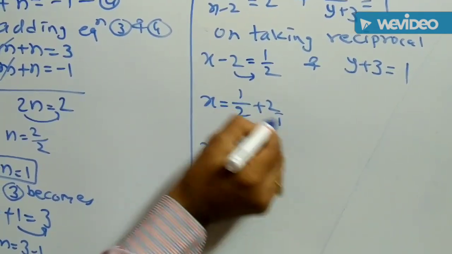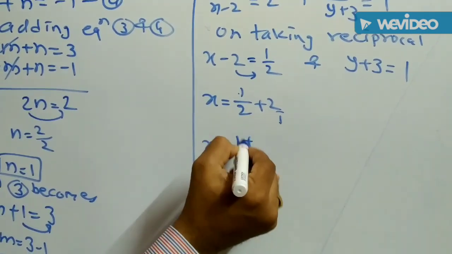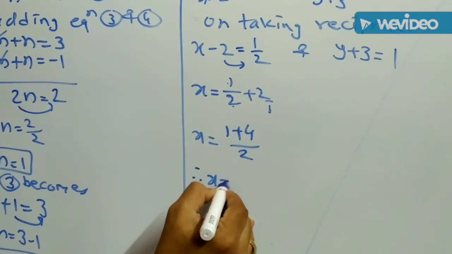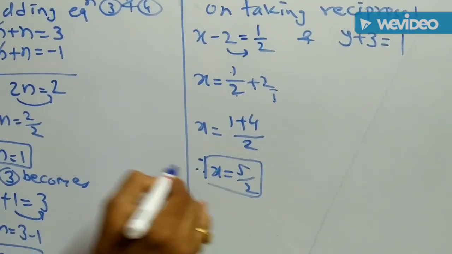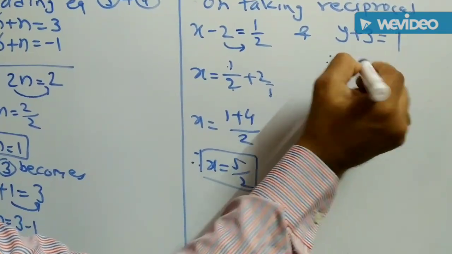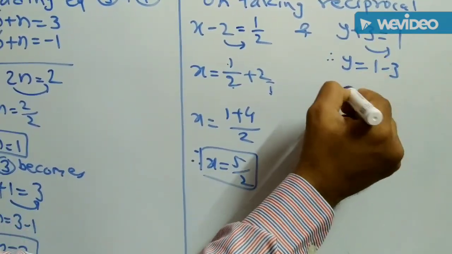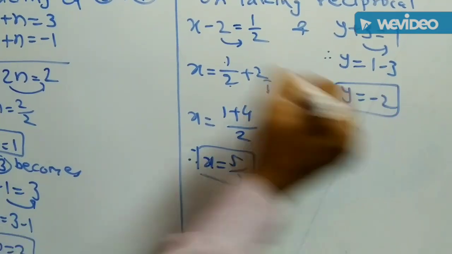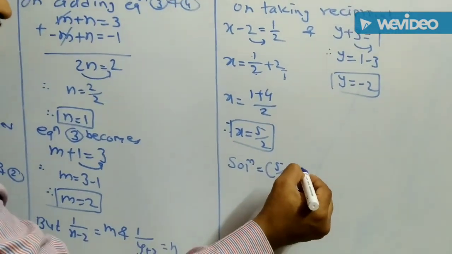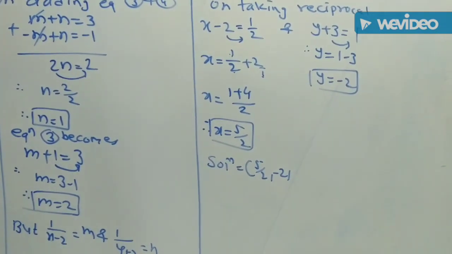By taking cross multiplication, we get 1 plus 2 times 2 is 4, LCM 2. Therefore, x is equal to 4 plus 1, that is 5 upon 2. To find the value of y, plus 3 gets converted to minus, and 1 minus 3, that is minus 2, and therefore the solution is 5 upon 2 and minus 2.